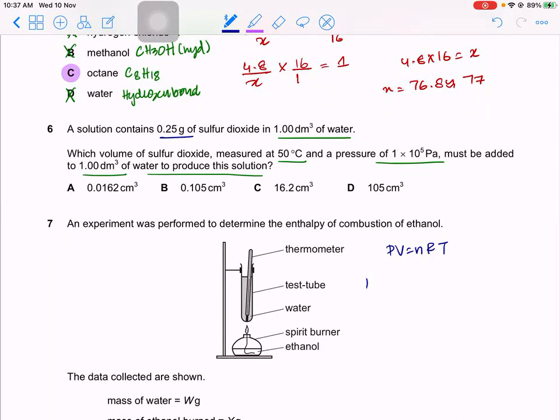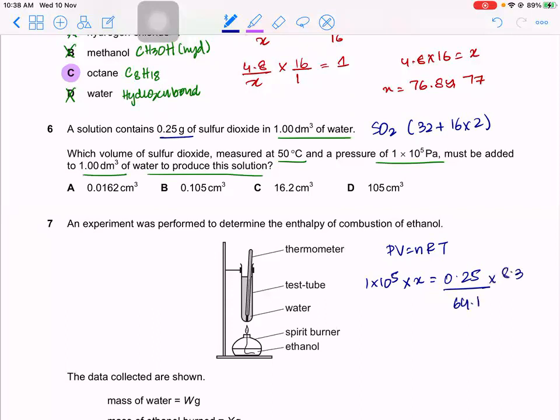nRT. Pressure is 10 to the power 5. Volume, we don't know. Number of moles, instead of that, can we put mass upon Mr? So mass is 0.25. Mr of sulfur dioxide, SO2: sulfur is 32, oxygen is 16 times 2. Technically 32.1 plus 16 times 2. So that's 64.1.